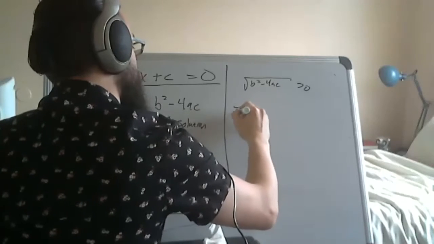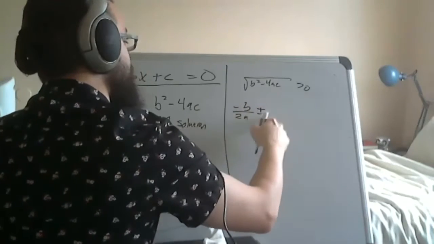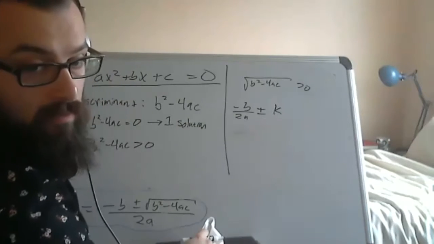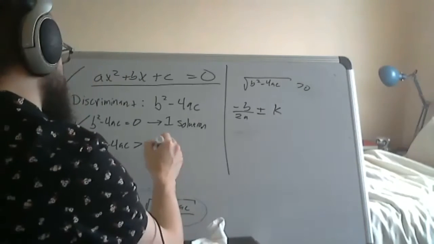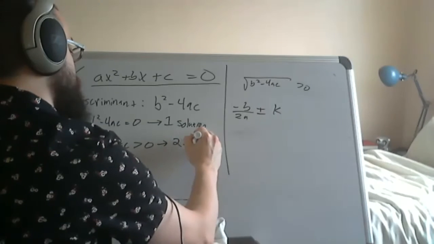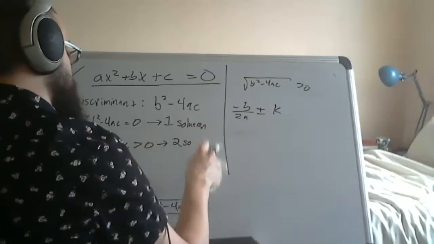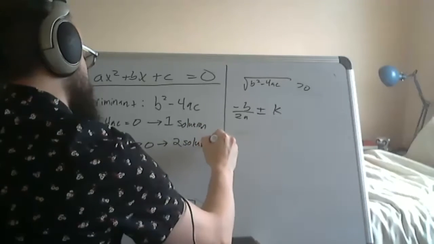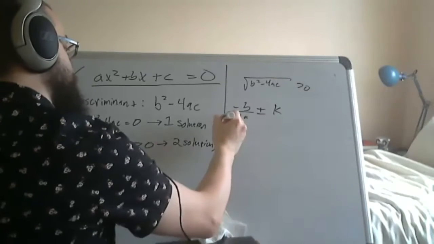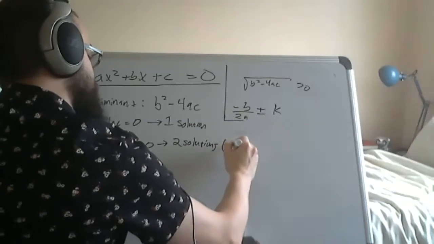And so tacking on to our negative b over 2a, we're plus and minusing some sort of number. So if it's greater than 0, we're going to have two solutions, or two x's. And they're actually different.